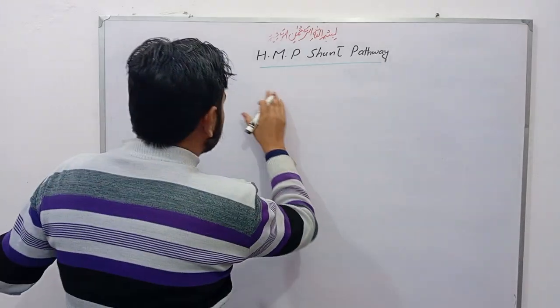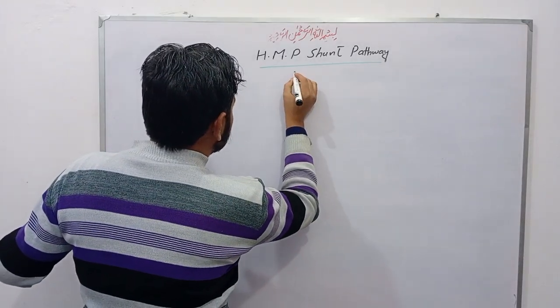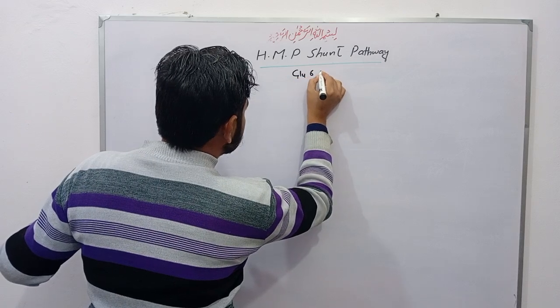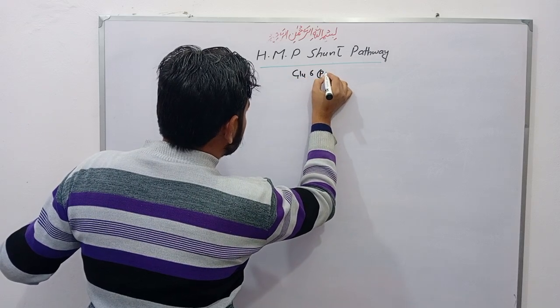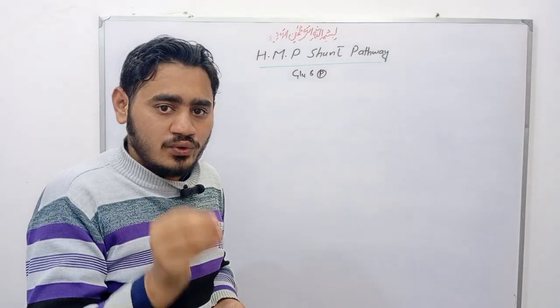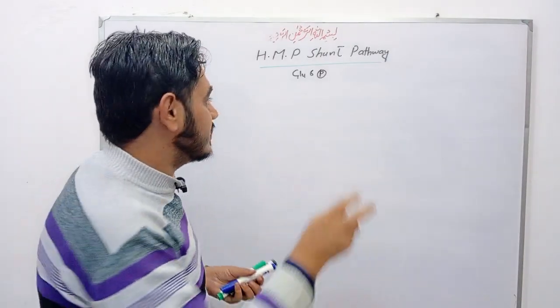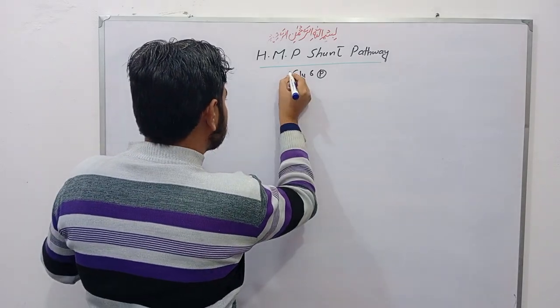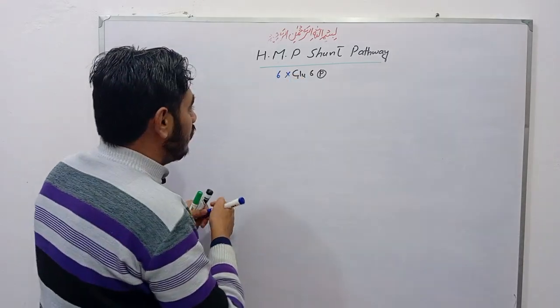What happens is that 6 molecules of glucose 6 phosphate get entered in this pathway. How many molecules? 6 molecules.